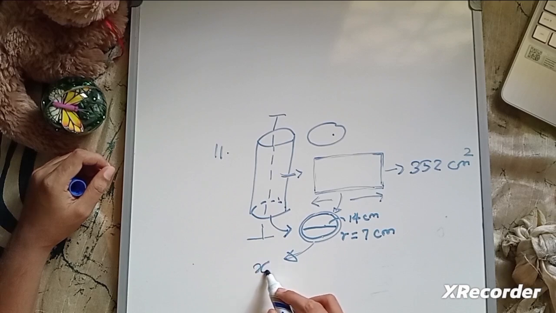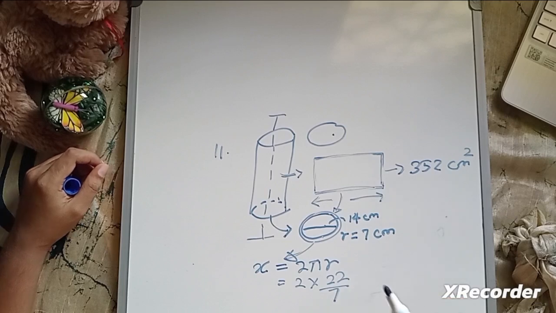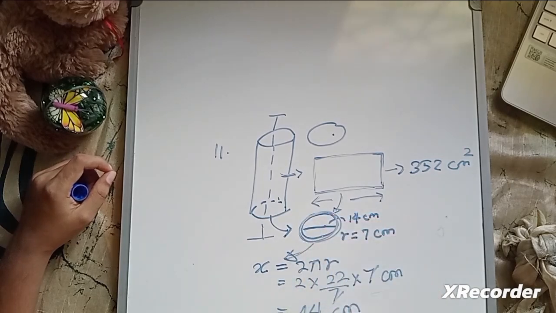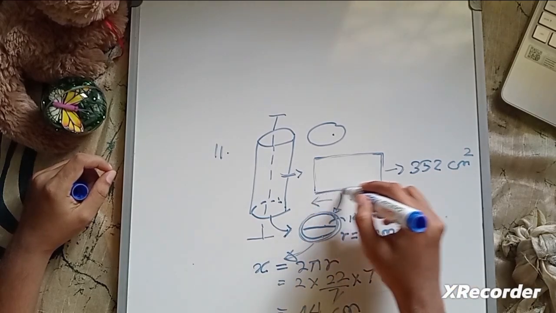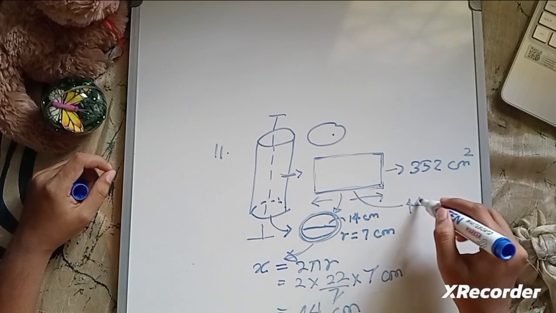We take it as x equal to 2πr. Then 2 into 22 over 7 into r, which is 7, and we got the answer 44 centimeters. So this circumference is 44 centimeter, and this length is also the same as the circumference.